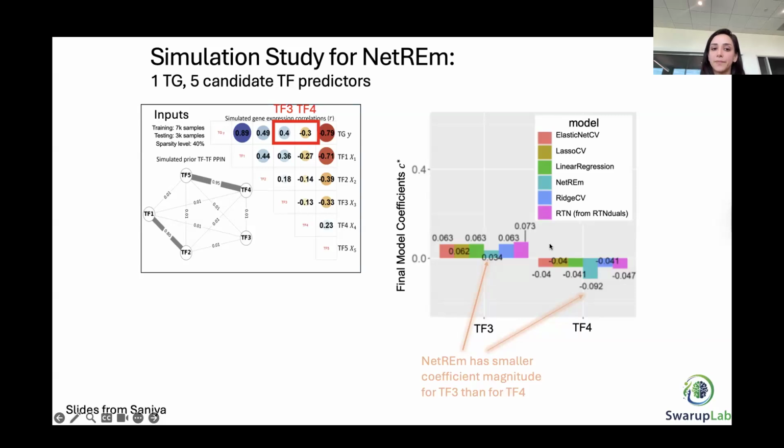However, transcription factor 4, even though it has a slightly lower correlation with target gene Y, is weighted so it has a higher effect in our final predictive modeling. So this shows that considering a prior in your GRN inference can make it a little bit more biologically relevant.